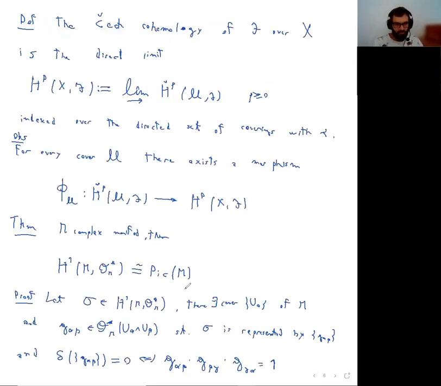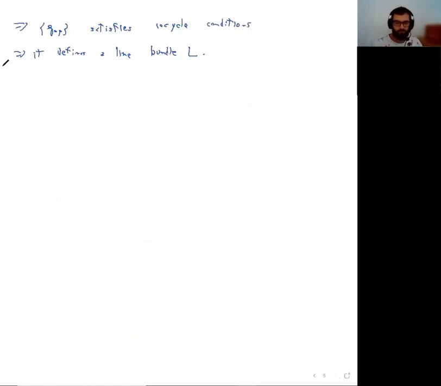So of course the idea now is to map this element sigma to that bundle L. But before we do that, we have to check that this is well defined. So let's say that we have another representative: g_alpha_beta prime is another representative of sigma.